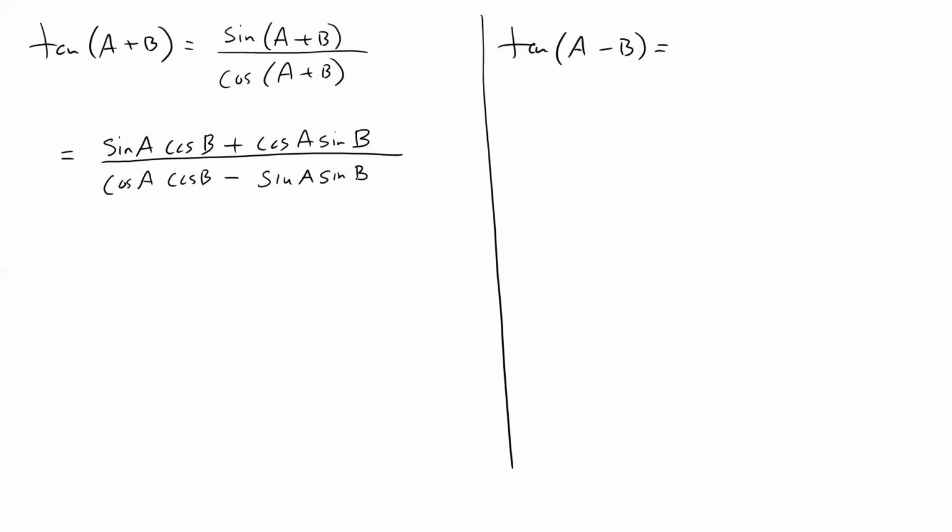The formula has taken on different variations, but essentially we decided we will just divide by... And so this is sine of A cosine B, and we're going to divide everything by cosine of A cosine B. The reason is that if I divide by sine A sine B, I would get cotangent out of it, right?